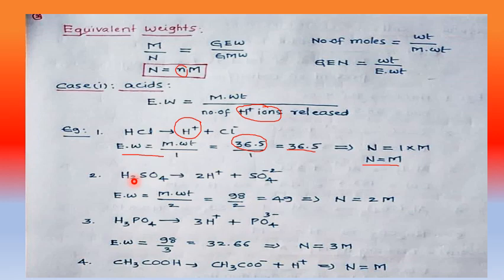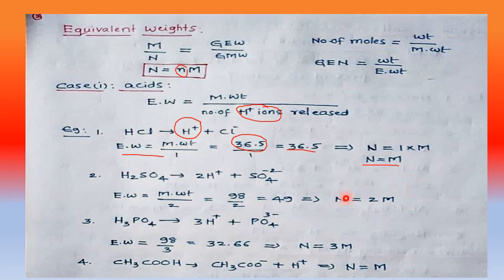Finally you will get 98. This is the calculation you already know. So divide by 2. Why are we dividing by 2? Because of 2H plus. So 49.